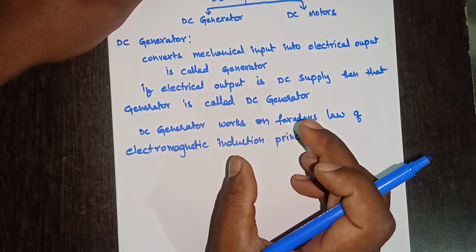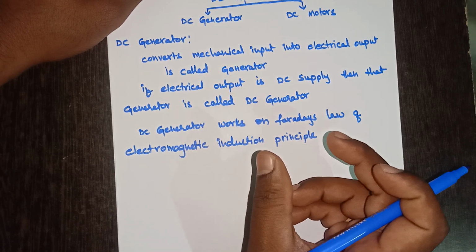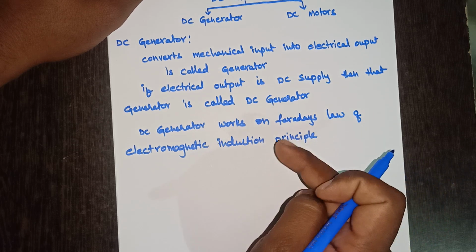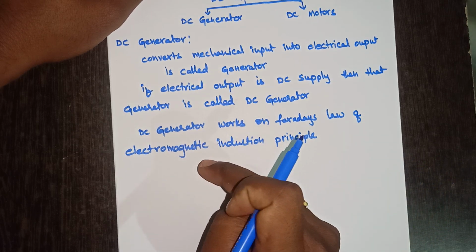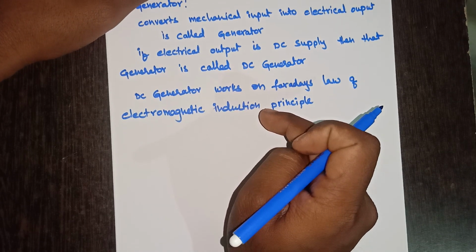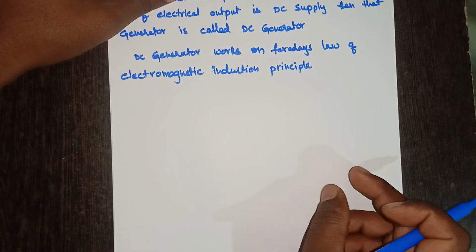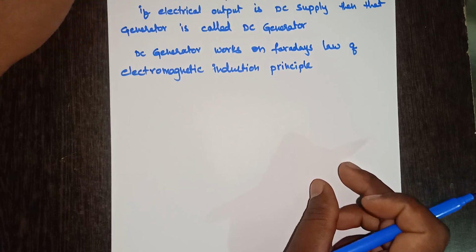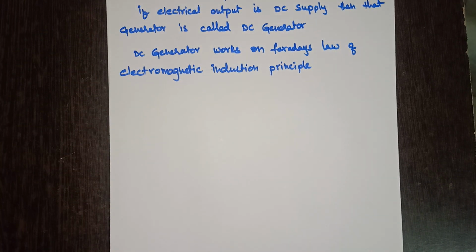In order to understand how a generator is producing electrical output, we need to understand what Faraday's laws of electromagnetic induction are. So let me explain Faraday's law of electromagnetic induction.